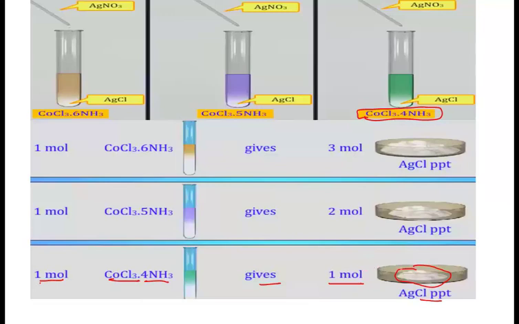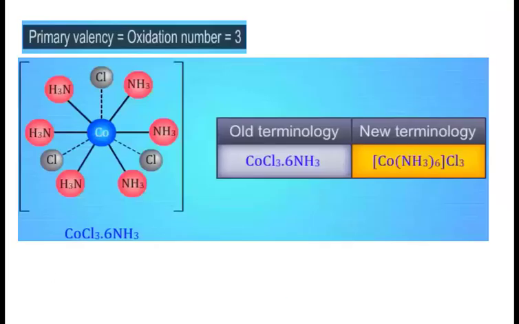The quantity of precipitates formed was least among the 3. Okay. Now why was the yield different? That can be explained on the basis of primary valency or oxidation number.